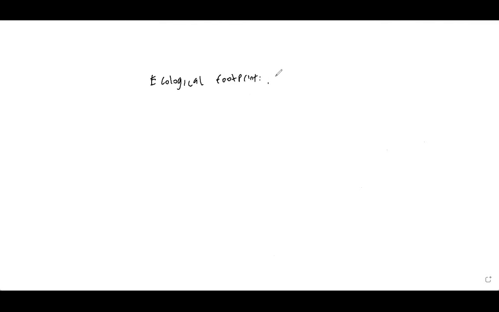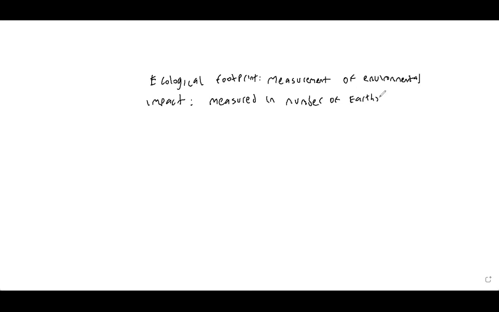It is a measurement of environmental impact, and the unit measured is number of Earths. And if you want to take this test yourself, let me go ahead and show you how to take it. I've taken it a lot.